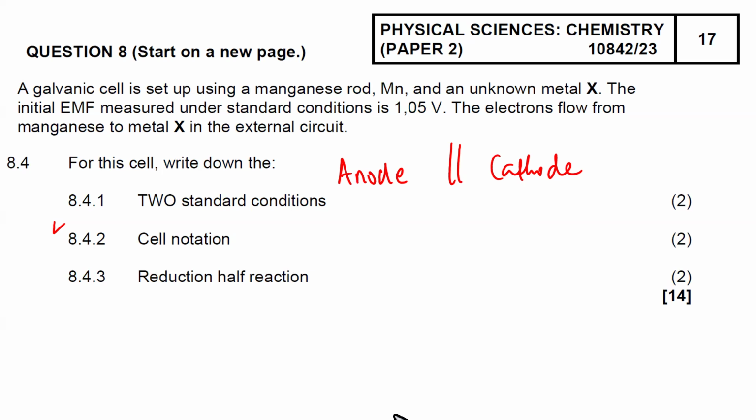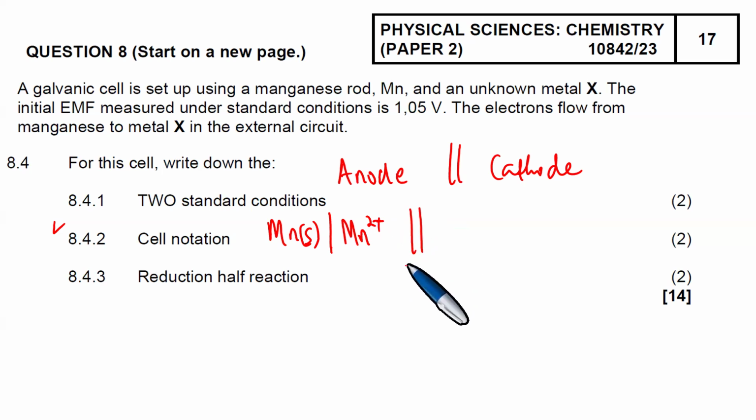Right, so now we're going to say manganese is a solid because it's a rod. And then you have the manganese 2 plus according to the table of standard reduction potentials.